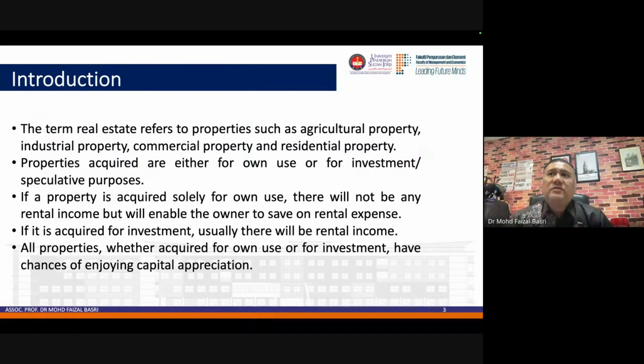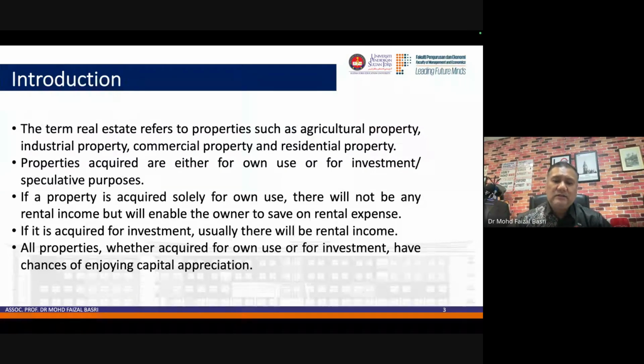Tapi for those who wants to take risk, for example, that are willing to pay less tetapi with potential, yeah, it depends again on especially number one is the developer, sama ada developer tu well known ataupun tak, established ataupun tak, and secondly the infrastructure surrounding that particular area. Okay, so that's real estate in general.